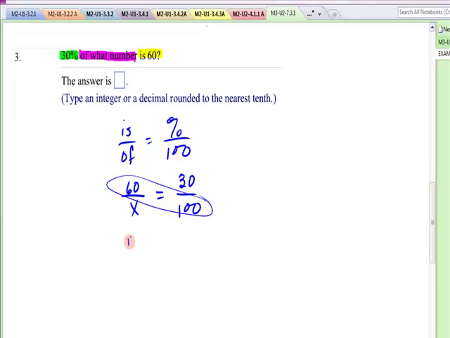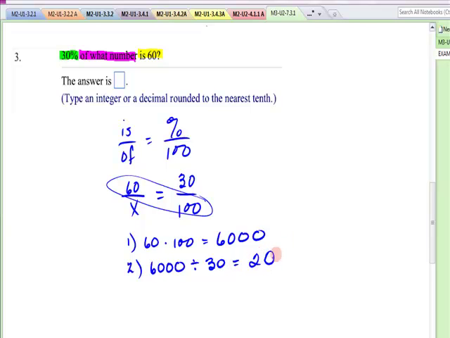All right, cross product. 60 times 100 gives me 6,000. 6,000 divided by 30 gives me 200. So 30% of 200 is 60.